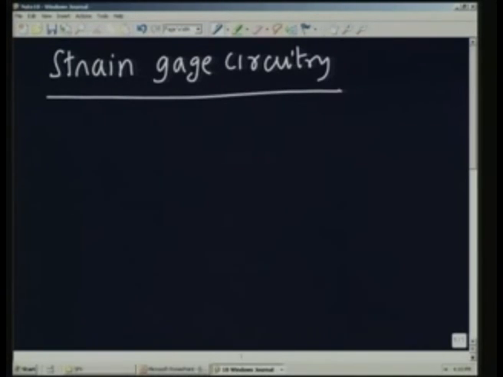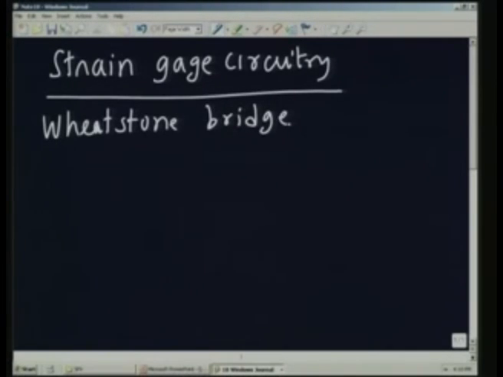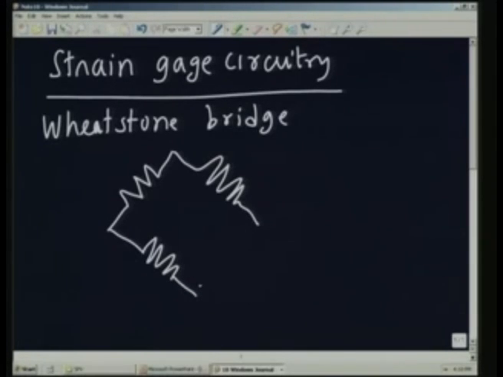So, basically what we are going to do is to use a Wheatstone bridge, which is very familiar to us. Let me just give a brief idea about how it is going to be used. We have 4 resistances. We have already seen some of these kind of things in the case of temperature measurement also.